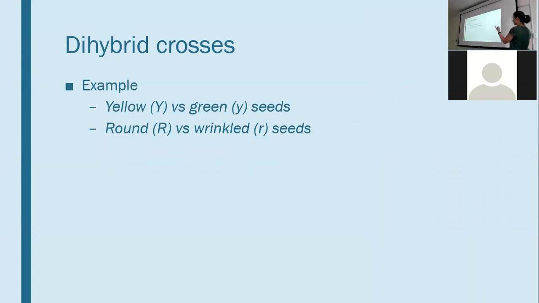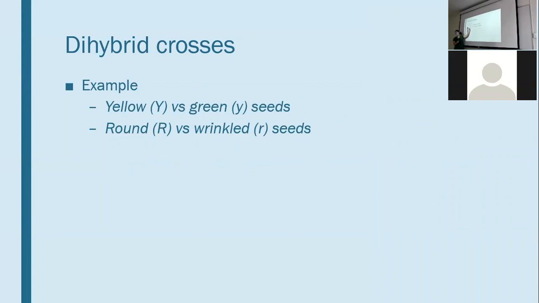So we can look at seed color, color of peas in a plant. They can be yellow or green, and they can be round or wrinkled, right? So two different traits that we can evaluate independently. In the case of these pea plants, the dominant trait is yellow, the recessive trait is green.